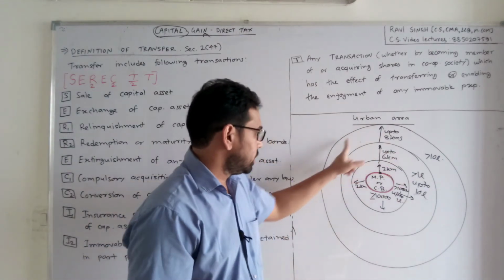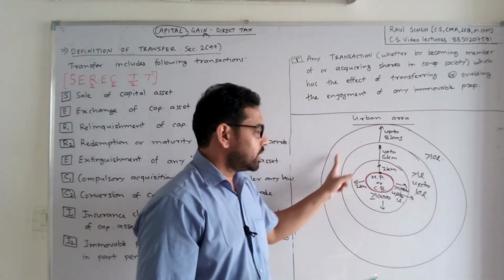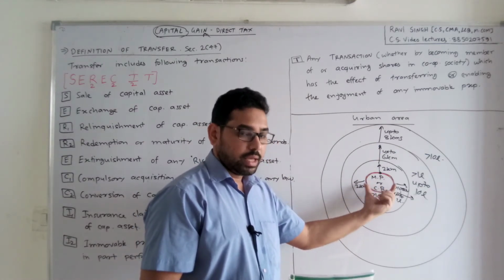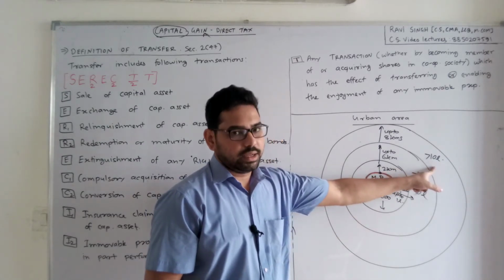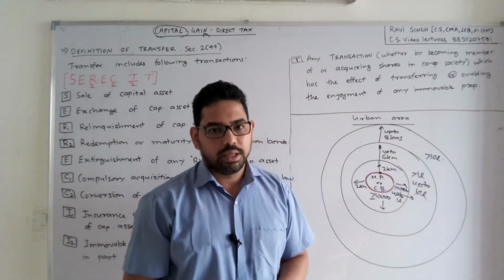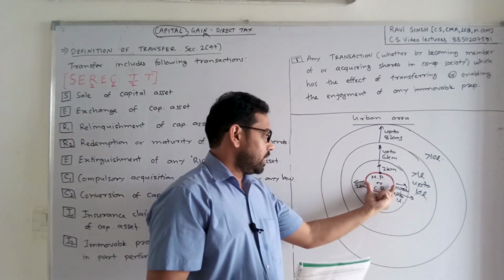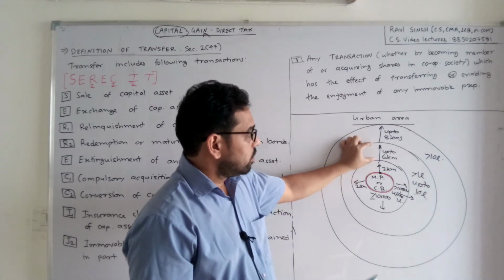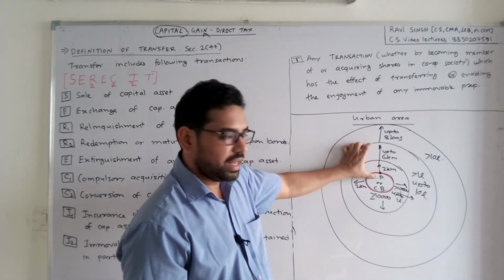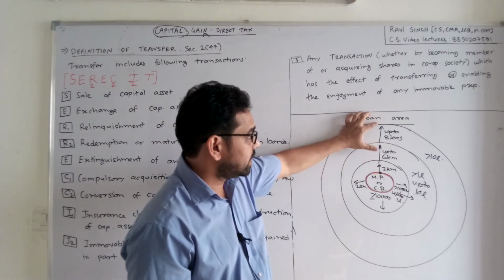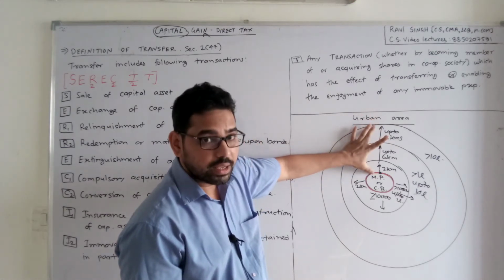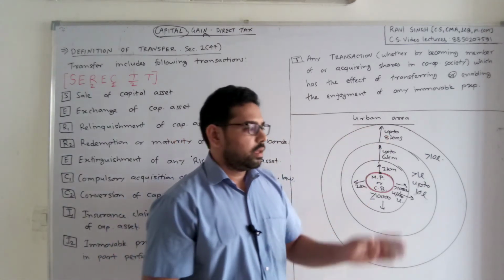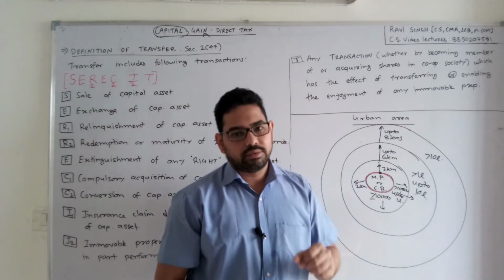So this area which is up to 8 kilometers far from this main municipality area and has a population of more than 10 lakhs will also be considered as urban area. So this main area, or area up to 2 kilometers, or area up to 6 kilometers, or area up to 8 kilometers from this main area will also be considered as urban area if the population condition is also satisfied.